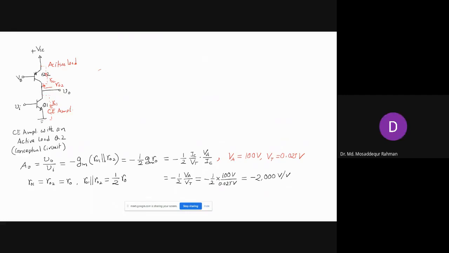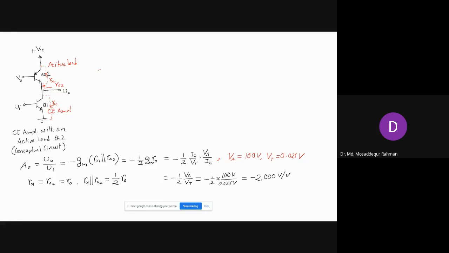You cannot use an NPN in this case because the current has to flow in this direction, right? All the way, right? And here you cannot connect if you use the NPN, then the emitter will be here, right?